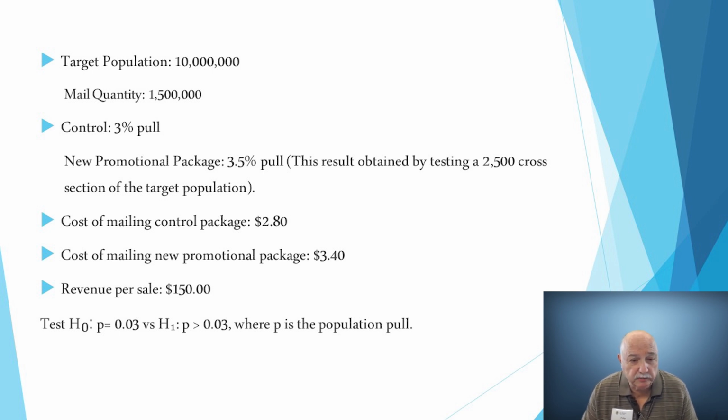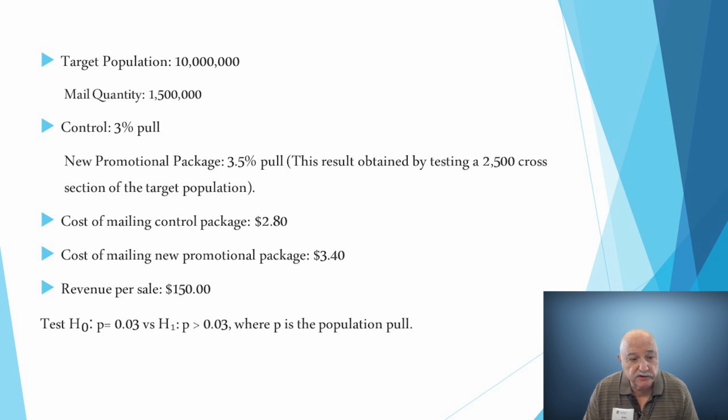Now, that new promotional package may have taken what already existed and perhaps come up with new descriptions for the product or products if it's a catalog. May have actually introduced a sweepstakes, which typically does increase response rate. Whatever combination of elements we've used has increased the response rate to 3.5%, at least based on our testing.